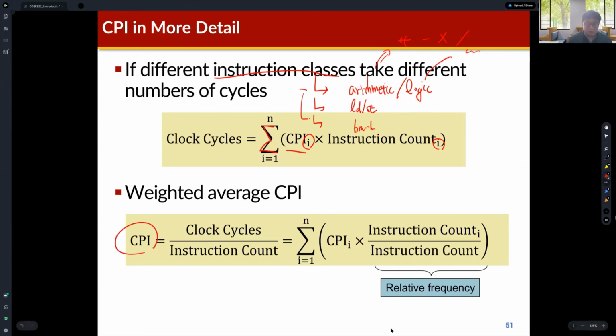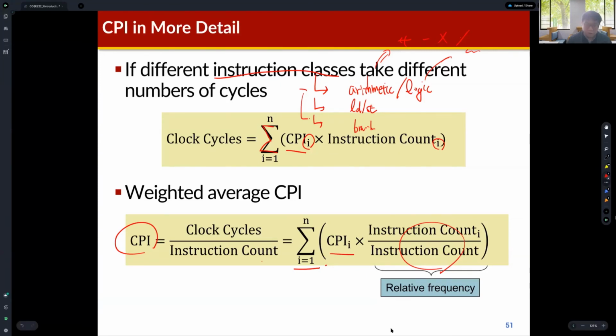So it's weighted average. The CPI is the total clock cycles divided by total instruction count. So we can rewrite this equation as the sum of CPI i multiplied by the ratio of a certain instruction class.